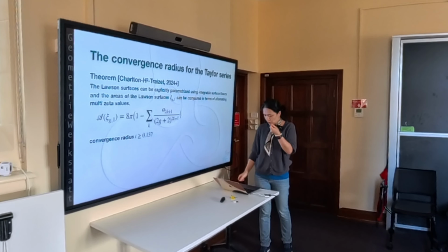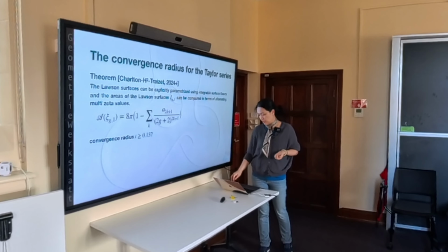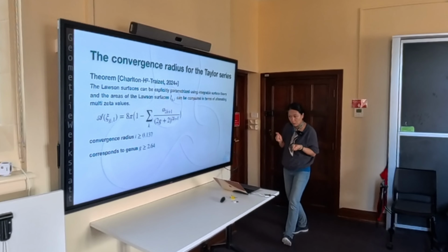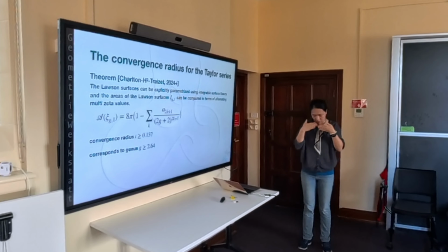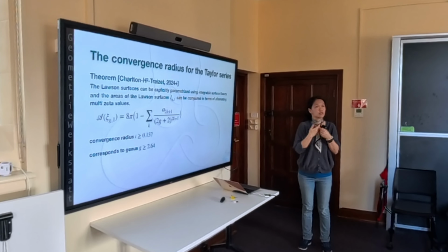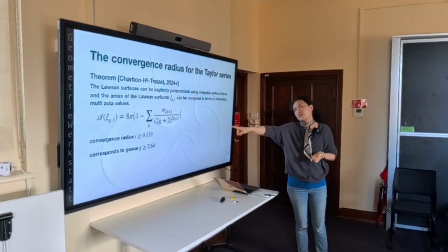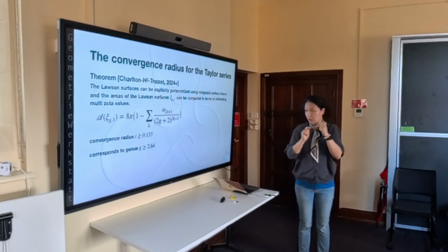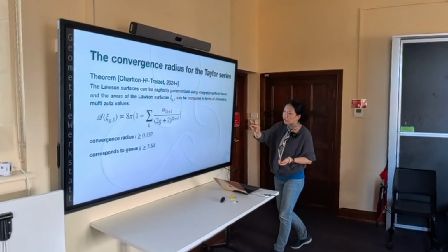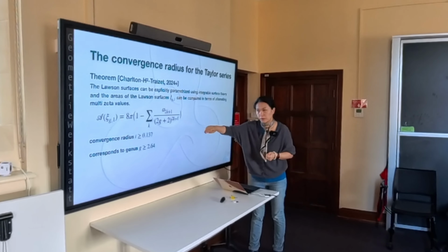And then we do that and show that the convergence radius is such that it corresponds to G greater or equal 2.64. So the argument is using some implicit function theorem, and then you have something close to G equals infinity, right? Very large genus. And the idea is that you can come down to G equals 3. Okay, everything until G equals 3 is kind of covered by this formula here.